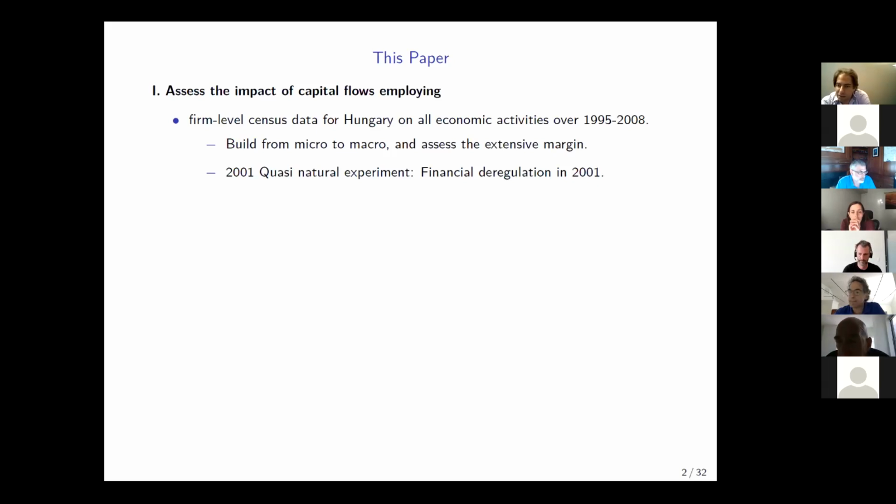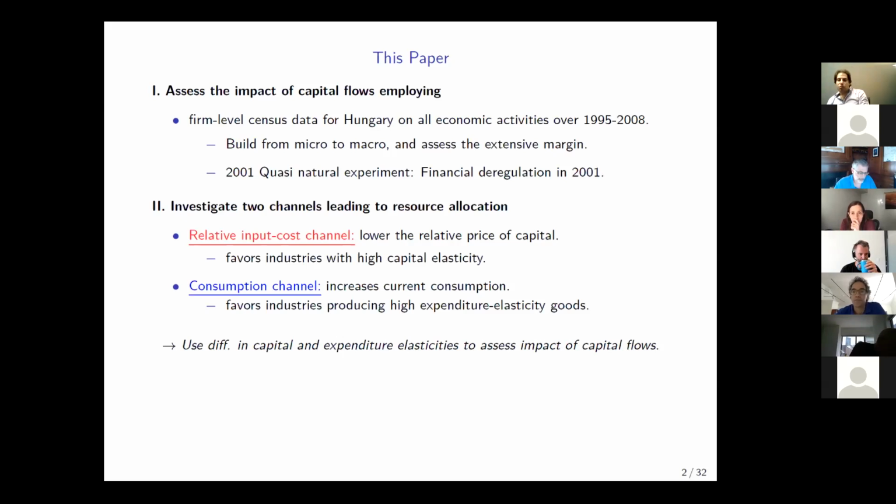Hungary had a financial deregulation in 2001 that was the only major reform that year, because it was a country that had already performed, for example, a trade liberalization. So we're going to get a clean experiment of capital inflows into this country, with the firm-level data that we need to try to understand how things are moving.